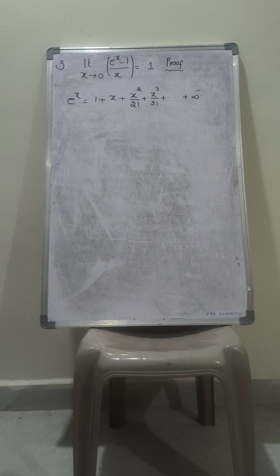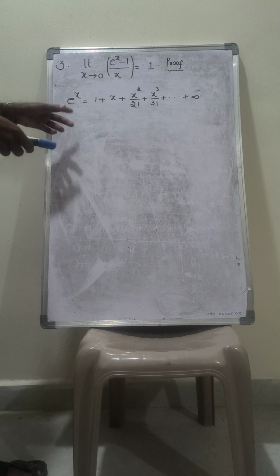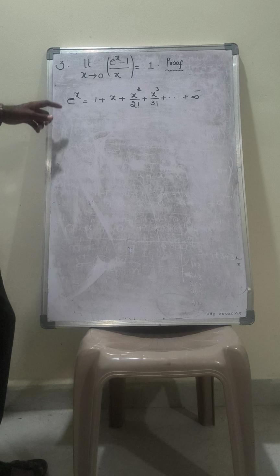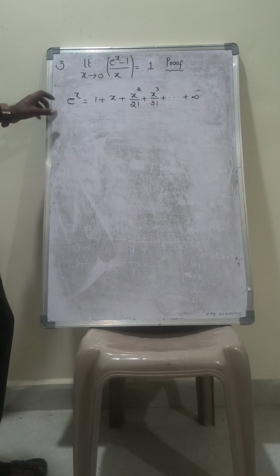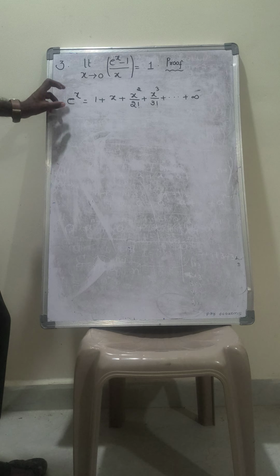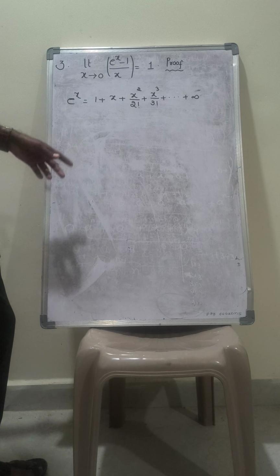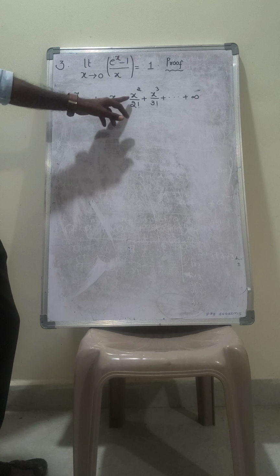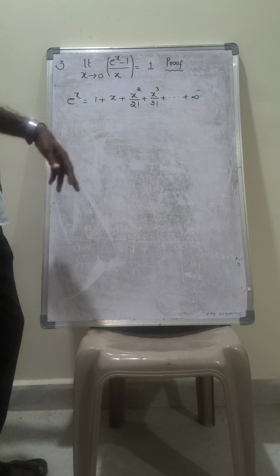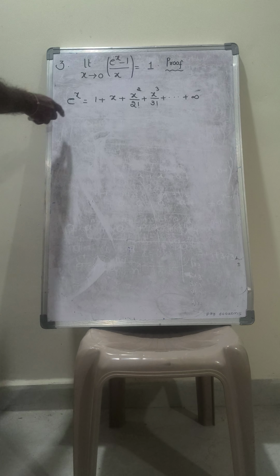So this is the e power x series. This series is also called the Taylor series. So the e power x expansion is this one: e power x is equal to 1 plus x plus x square by 2 factorial plus x cube by 3 factorial, and so on.